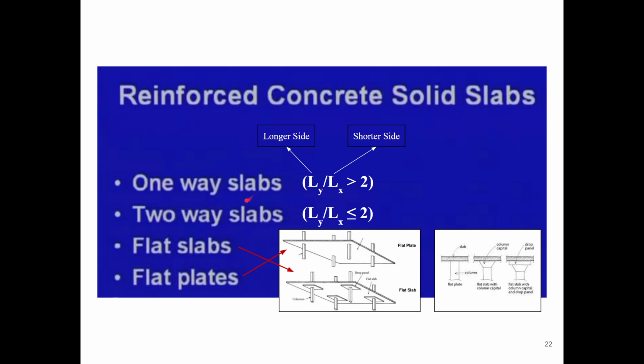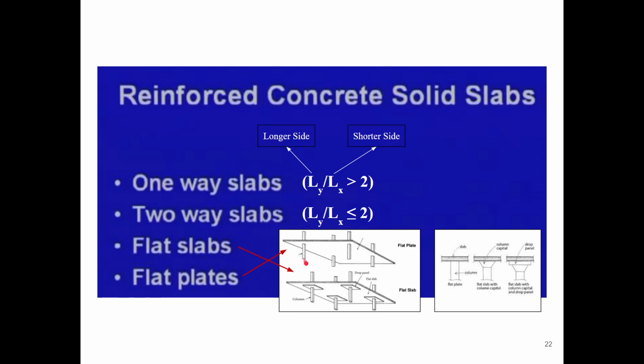In both cases, the beam is present in one way or two way slabs. However, in case of flat slabs or flat plates, the term flat is used when there is no beam. So it is completely flat, because a beam will have some more depth, right.